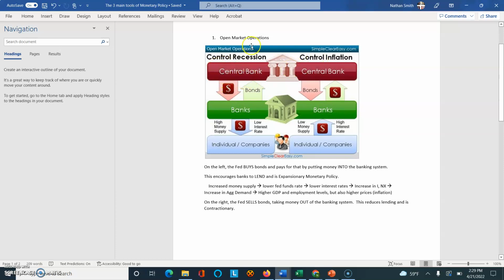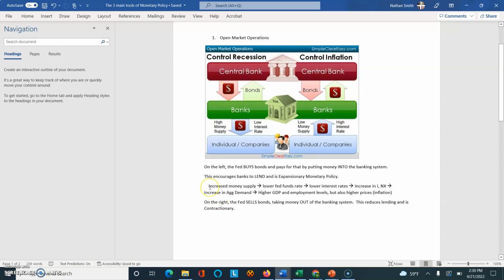Any money up here at the central bank level is not part of the money supply because it's not in active circulation. The money has to get down into the banking level, out of the central bank. So if the Fed purchases a bond, it will then pay for it with money, putting money into the system.